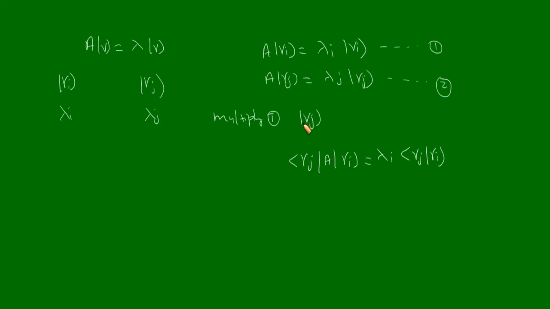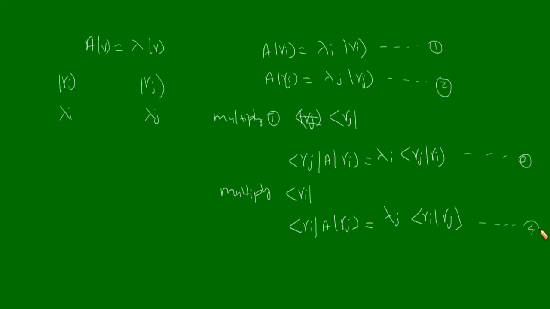Okay, so let me use the notation bra Rj, not ket Rj. Now I am multiplying the second equation by bra Ri. So I will have Ri A Rj is equal to lambda j times Ri Rj. Okay, so this is equation number 3 and this is equation number 4.